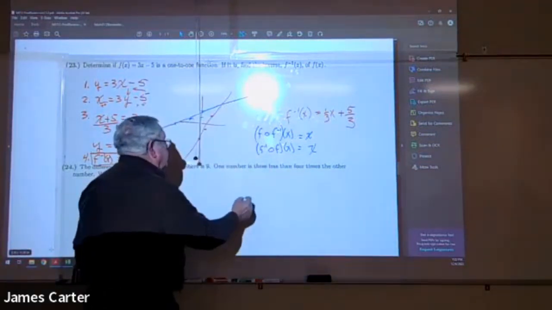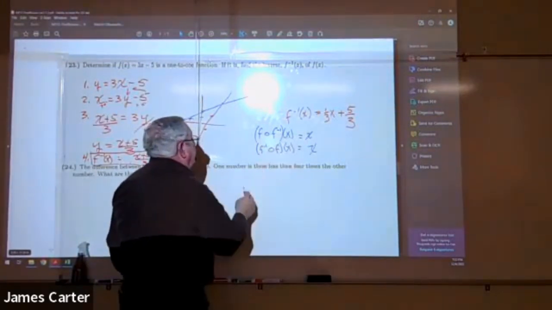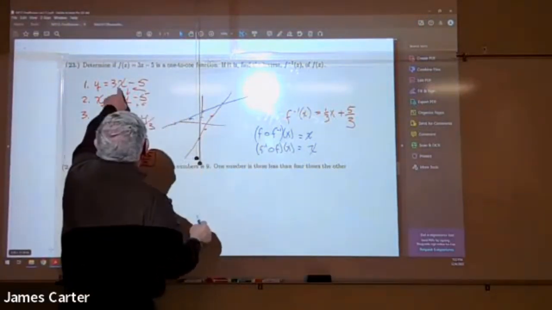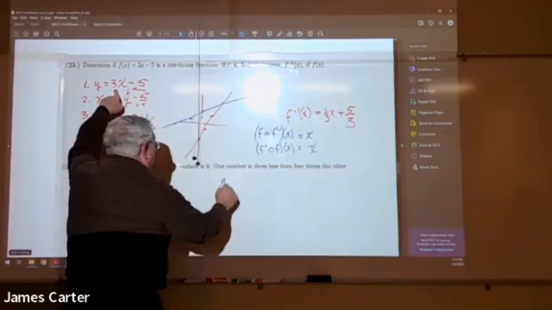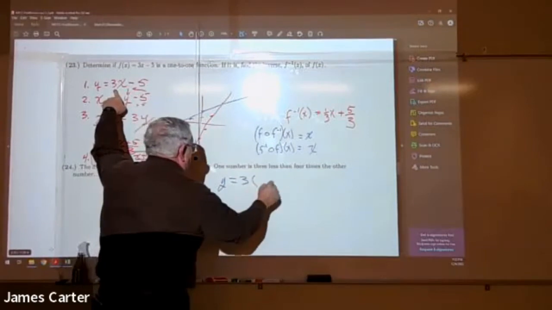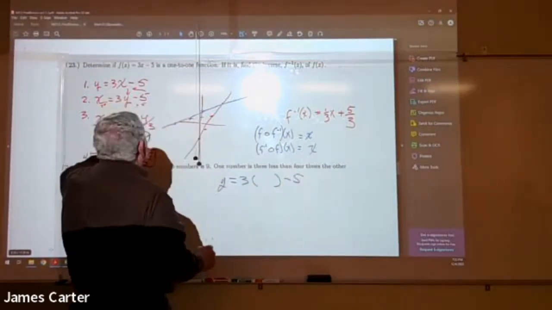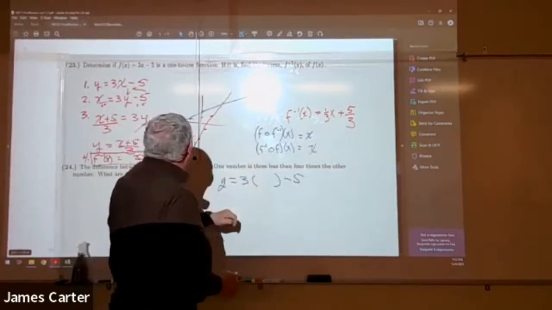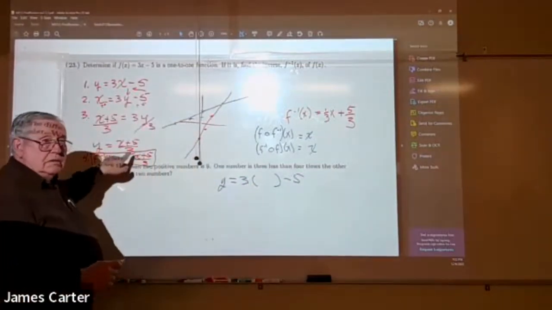I'll just have to erase this for the next problem. So for this one up here, that means I'm going to take this equation and I'm going to replace the X with that equation.